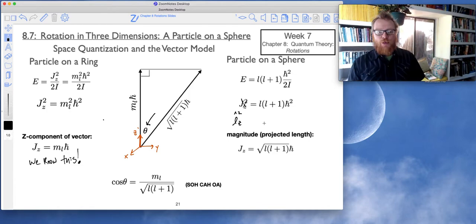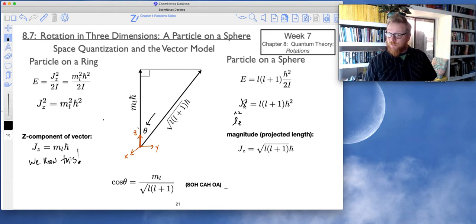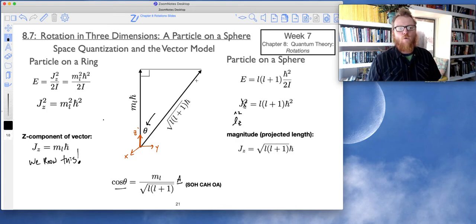How do we get that angle theta? Well, SOHCAHTOA. Remember, cosine is the adjacent over the hypotenuse. Based on the way I've drawn this picture, the cosine of theta is going to be the adjacent, which is ml h bar, or just ml in this case, over the hypotenuse.